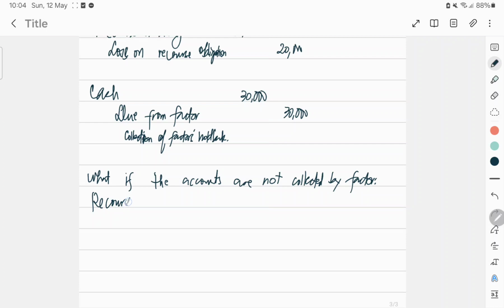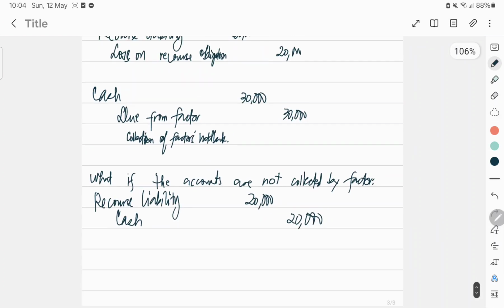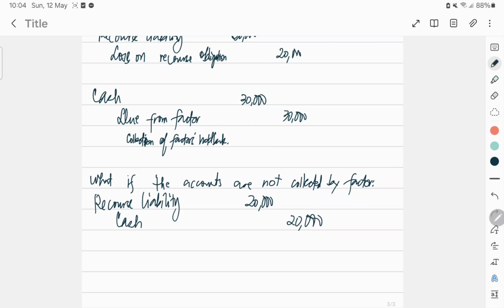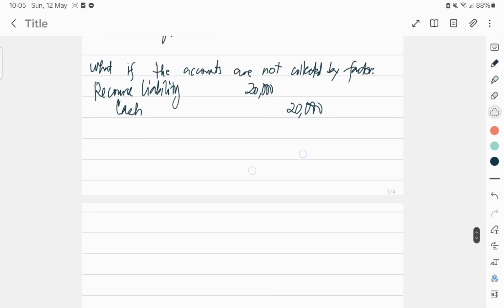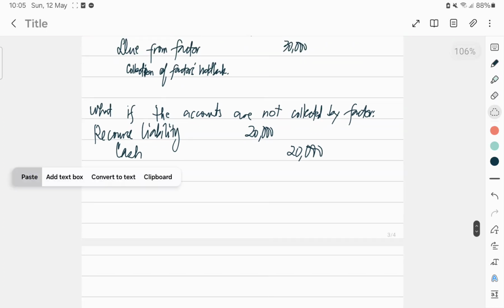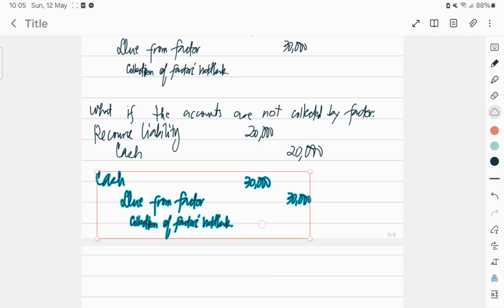So, debit tayo ng recourse liability amounting to 20,000 and credit cash. Ayan, kasi hindi na nabayaran yung accounts receivable natin. And of course, ganon din, we will repeat the same entry here. So, copy and then paste lang natin siya. Then we're going to paste it here. Ayun. Okay. So, that's it, no?